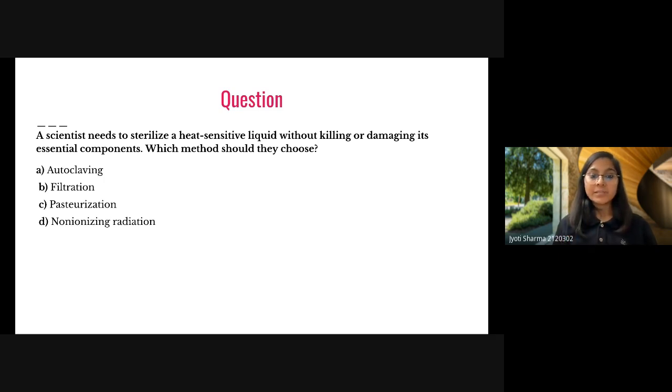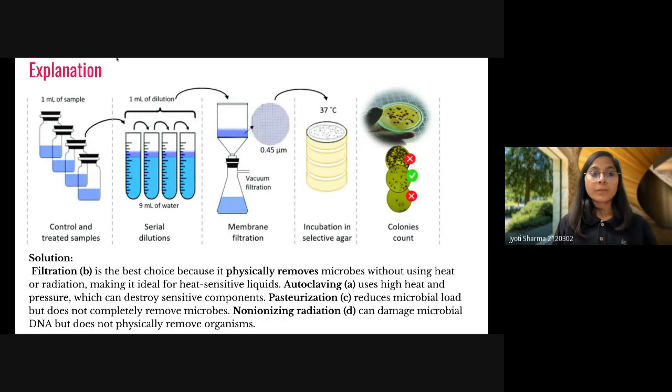And because the liquid is heat sensitive, we can't use any method that is dependent on temperature, right? So that's why B is the right answer, filtration. Just see here how we can filter it, and after filtering we can also grow the colonies, but this is not our use. We just need to remove the microbes, and we can remove them using filtration.